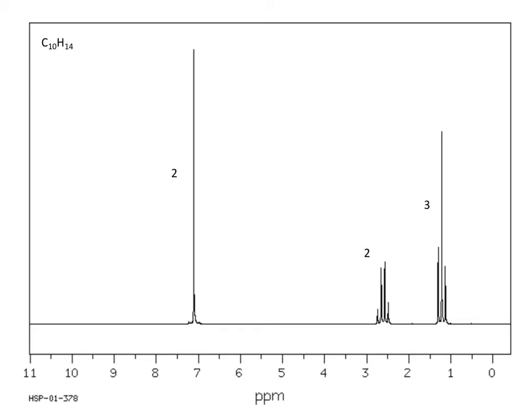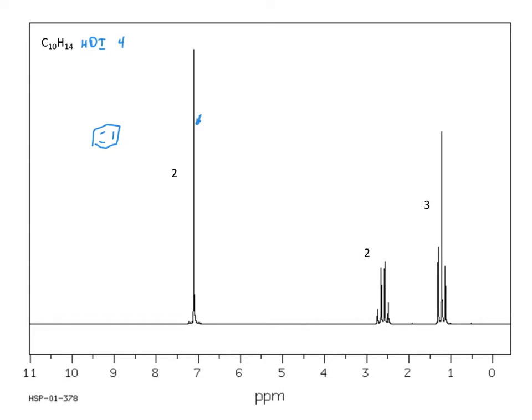In our first example, we have the formula C10H14. That tells us that the degrees of unsaturation, or hydrogen deficiency index as your book calls it, is 4. So we know that we're looking for a benzene ring, and we're further supported in that because of this peak in the aromatic region.